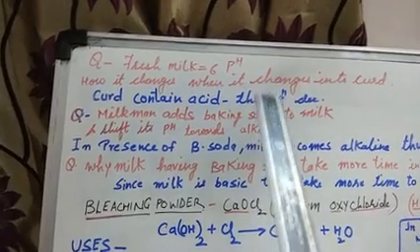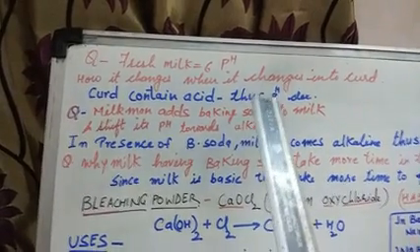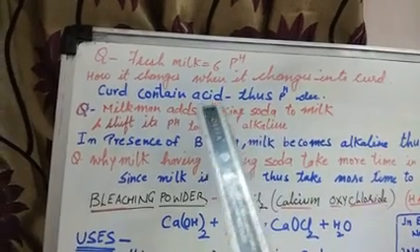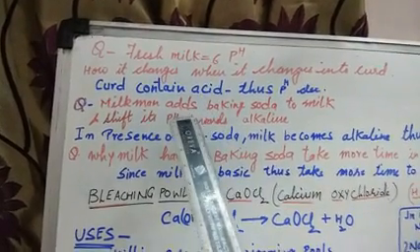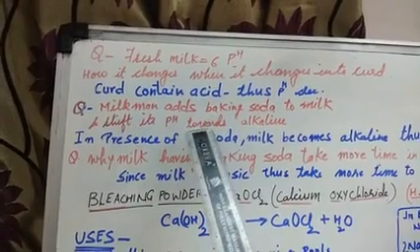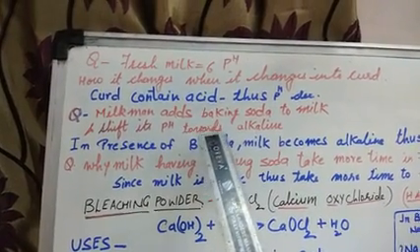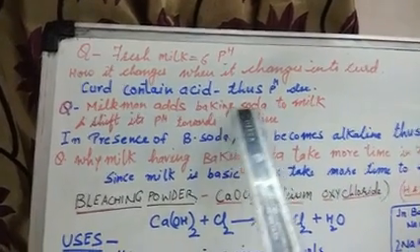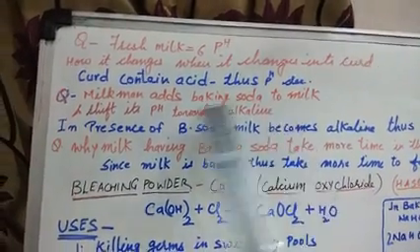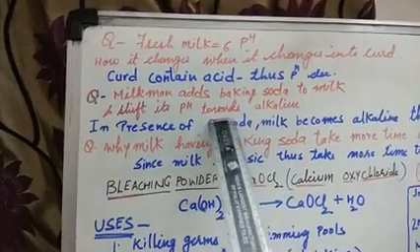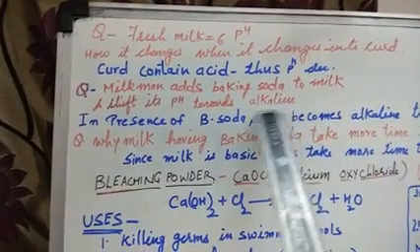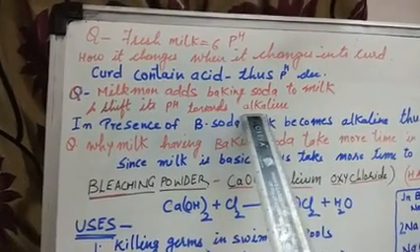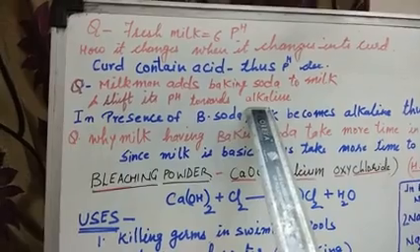And due to extreme heat conditions, that value starts decreasing, becomes equal to 6, and takes time to become less than 6. That's why, to prevent the milk from spoiling, the milkman usually adds baking soda to milk and shifts its pH towards alkaline, so that the milk does not spoil quickly.